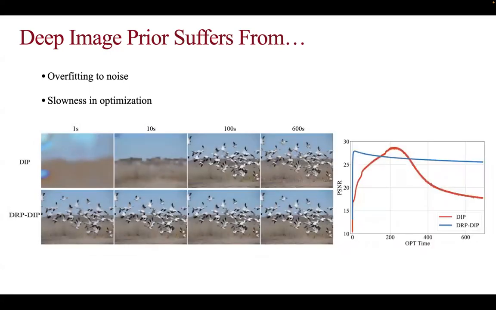As the left figure shows, our method can restore the skeleton of the image in 1 second, while deep image prior cannot do so even after 10 seconds. Similarly, on the right PSNR curve, deep image prior requires more than 200 seconds to reach the peak, and then it will slowly fit the noise. In this paper, we are trying to address the second limitation.